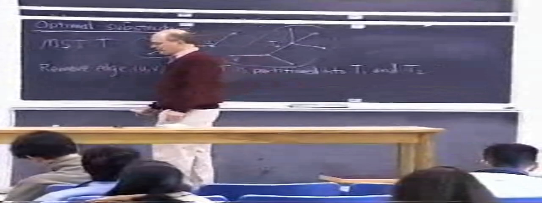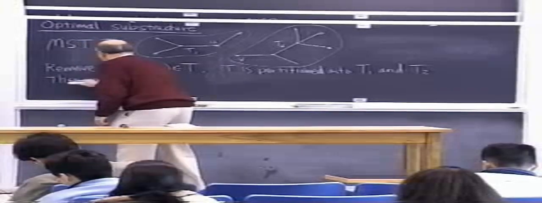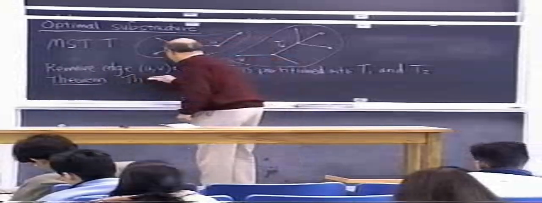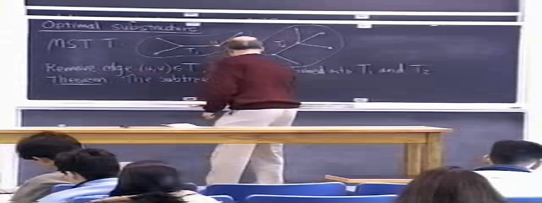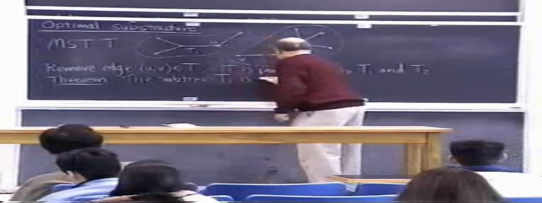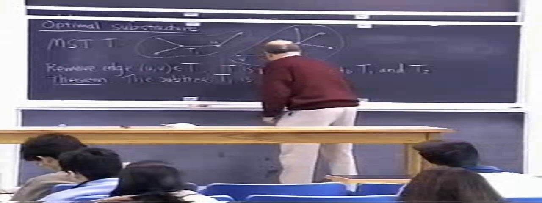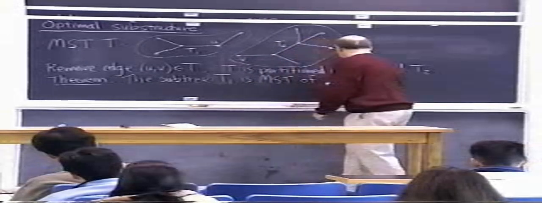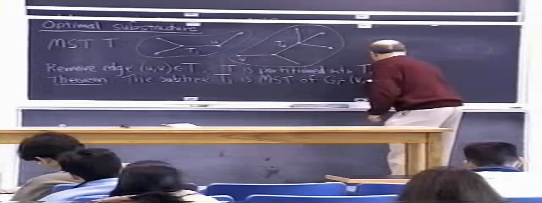So we're going to have a theorem that says the following. The subtree T1 is the minimum spanning tree of the graph G1 equals V1, E1.